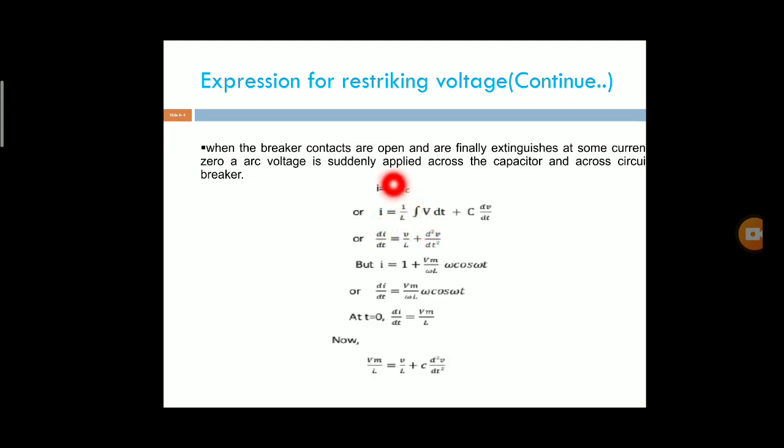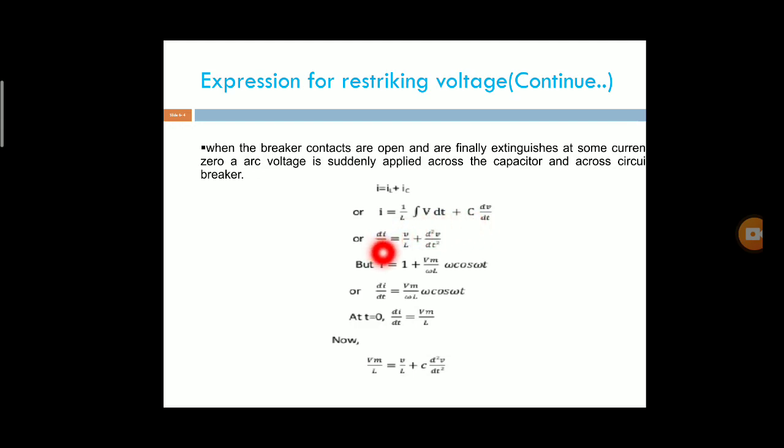The current flowing through the capacitor is C dV by dt. This we already studied in the previous class.